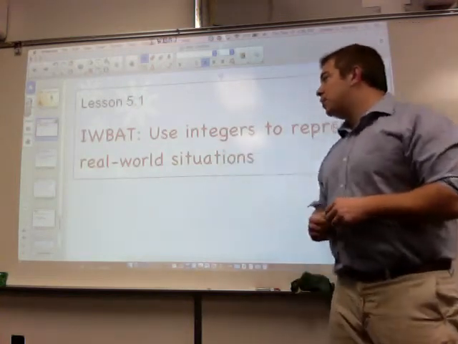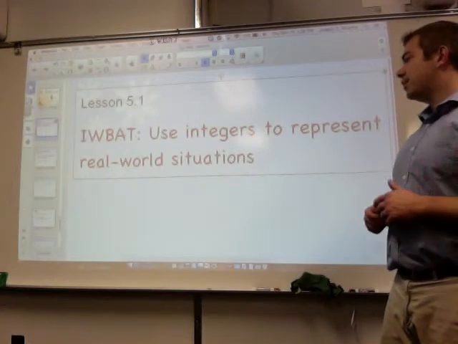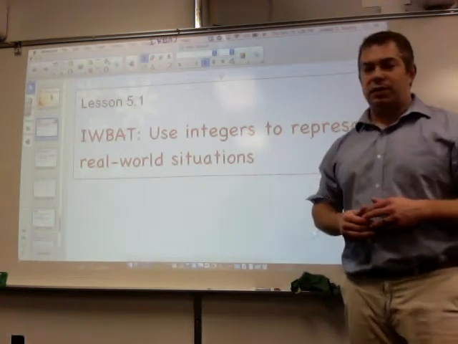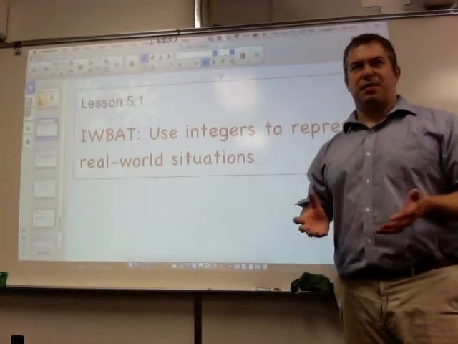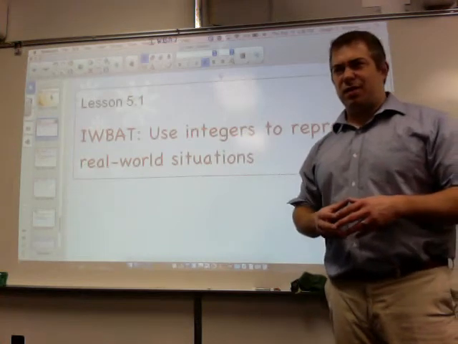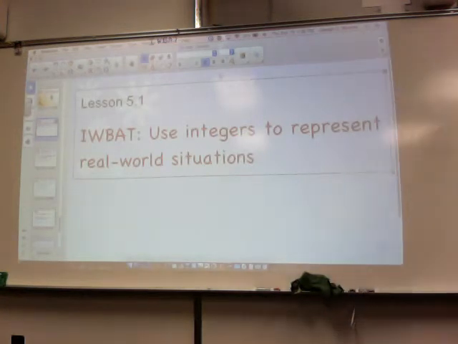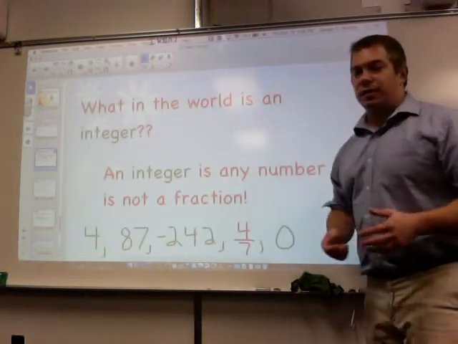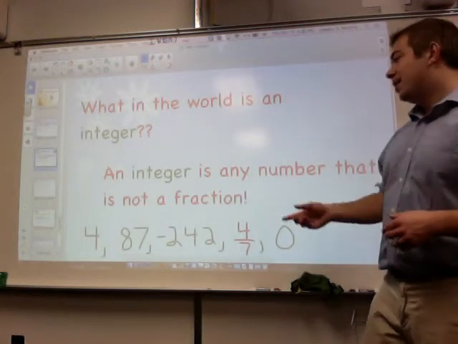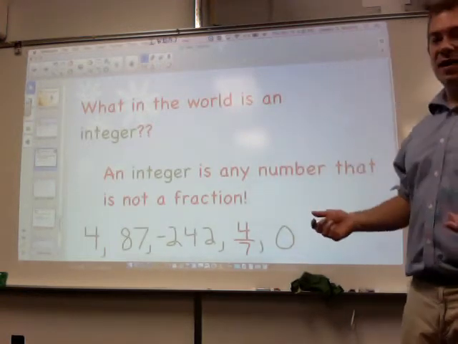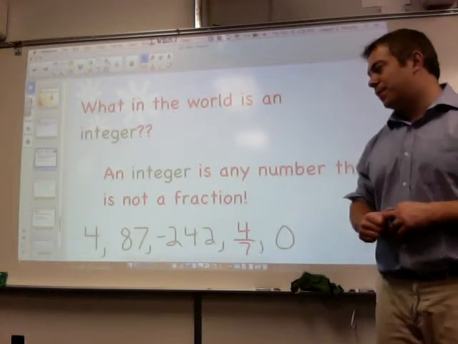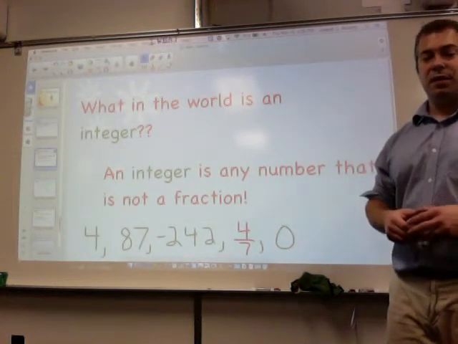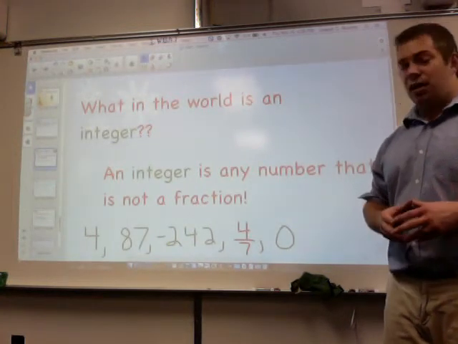I will be able to use integers to represent real-world situations. Integers, what is that word? Let's check it out. Well, what in the world is an integer? An integer is any number that is not a fraction. So I list some examples over here, but there's literally billions upon billions and millions of integers.